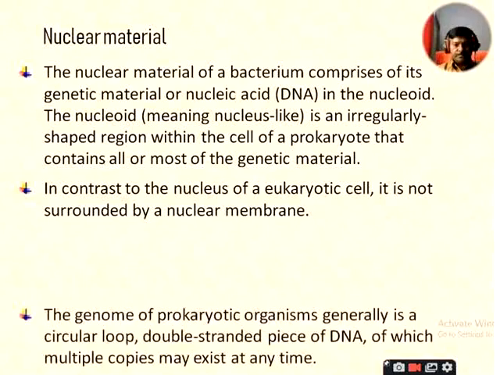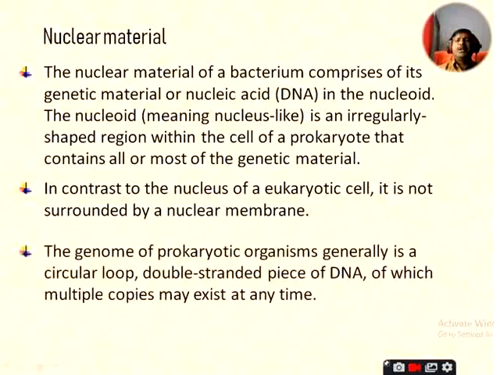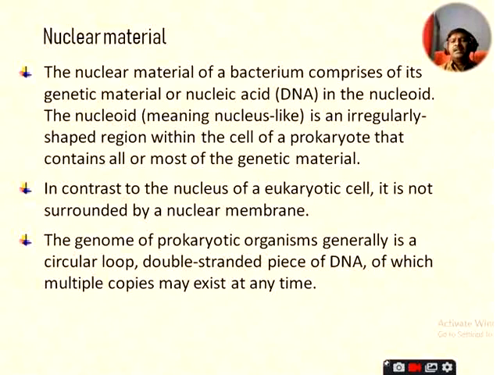Okay, the genome of prokaryotic organisms generally is a circular loop, a double-stranded piece of DNA, of which multiple copies may exist at any time. This is the circular loop. Generally the DNA present in the bacterial cell is a circular loop, and we know that DNA is double stranded.